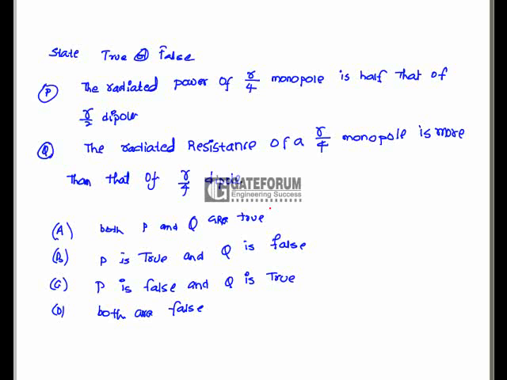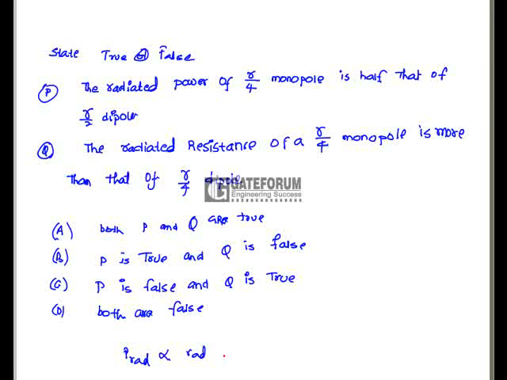Which of the following are true and false statements? Statement P. The radiated power of R by 4 monopole is half that of R by 2 dipole. Statement Q. The radiation resistance of R by 4 monopole is more than that of R by 4 dipole. See, coming to statement P. The radiated power is proportional to the radiation resistance. The radiation resistance of R by 2 dipole is more than that of R by 4 monopole.